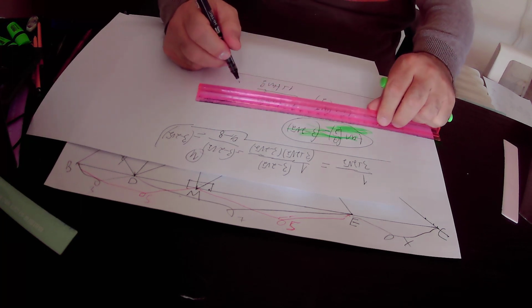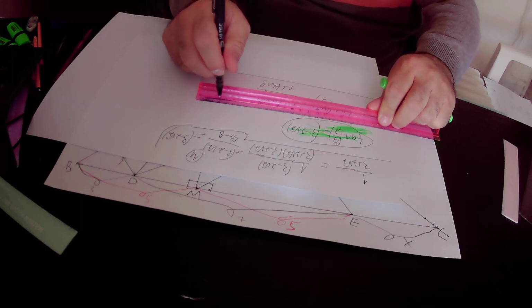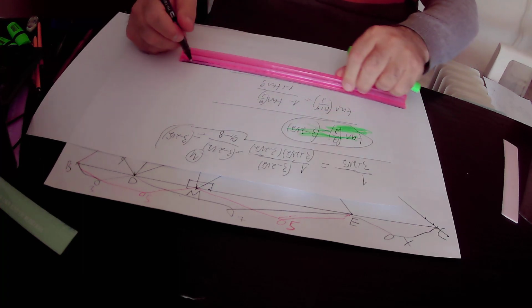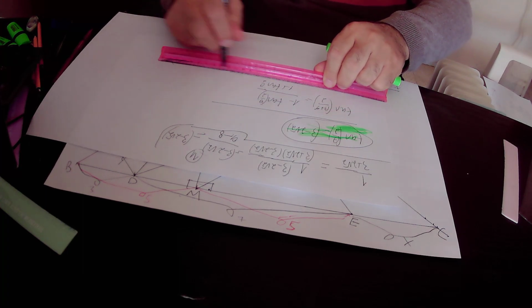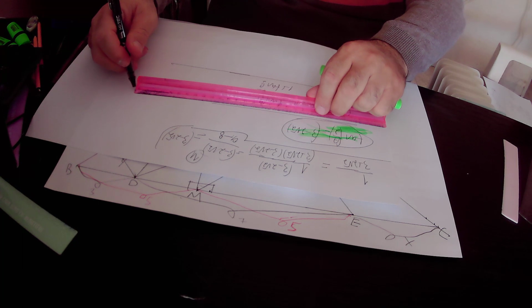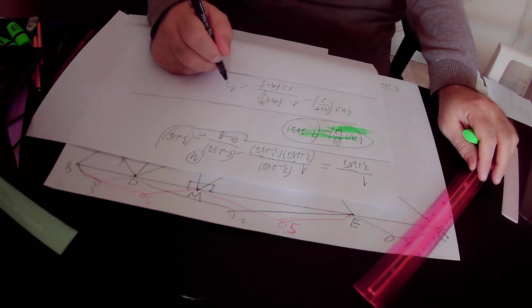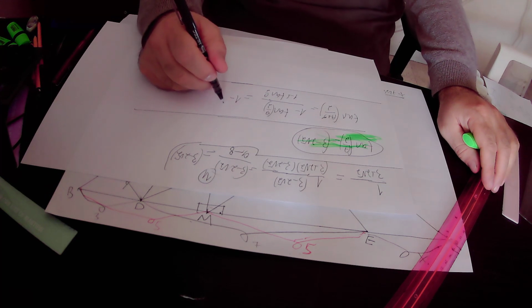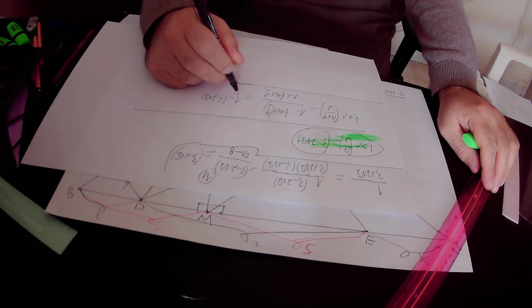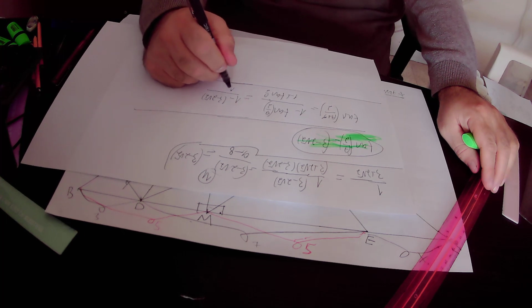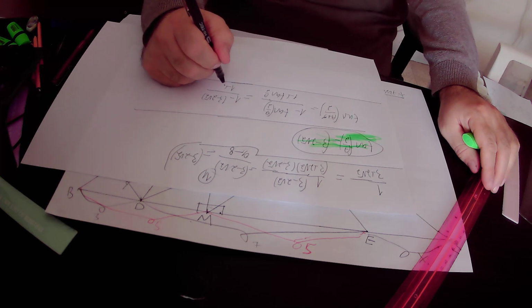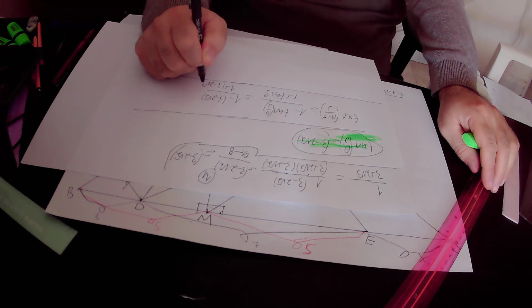So it equals 1 minus tangent theta over 2, which is 3 minus 2 times root of 2, over 1 plus tangent theta over 2, which is 3 minus 2 times root of 2.